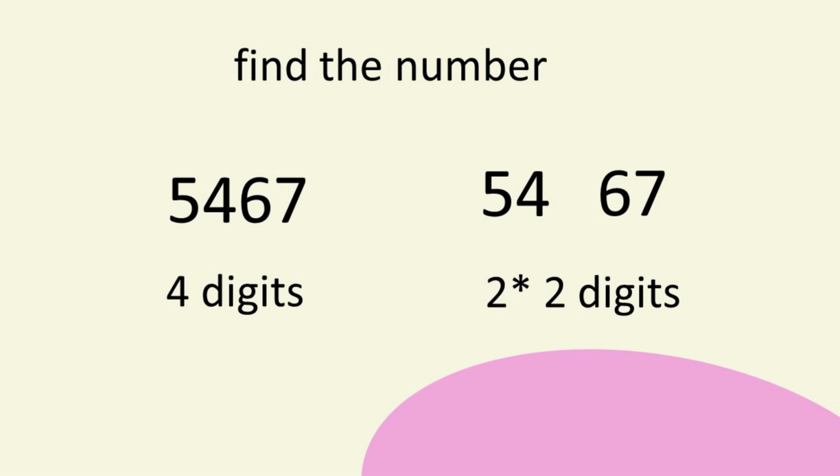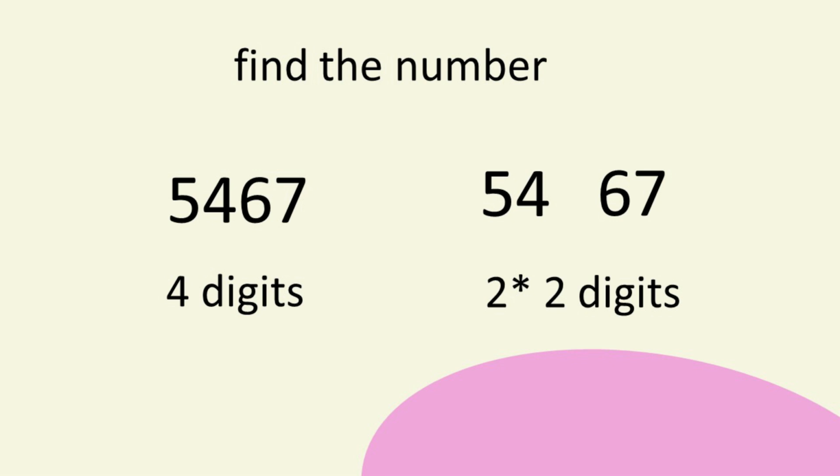Here's an interesting task. We want to compare trying to find a number that has 4 digits and compare that to trying to find the same number, but this time with 2 digits twice. So the first 2 digits and the last 2 digits.